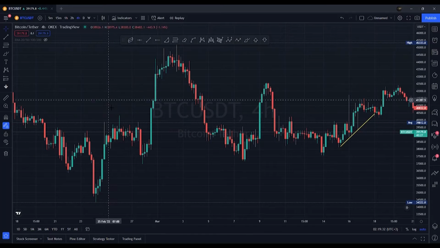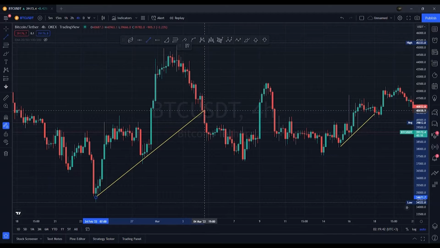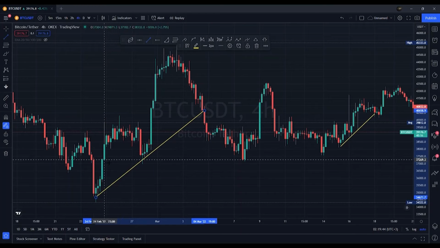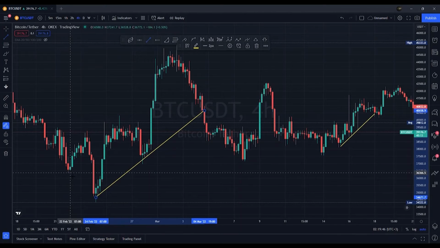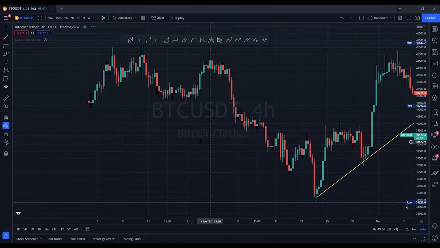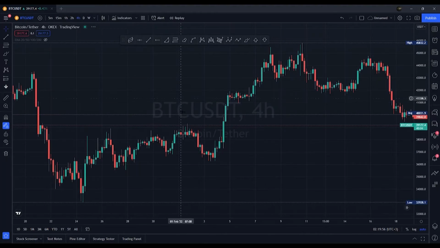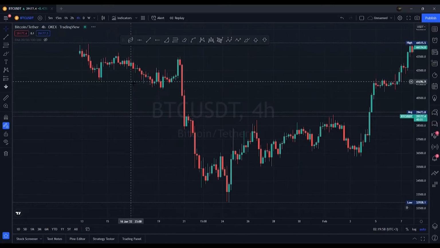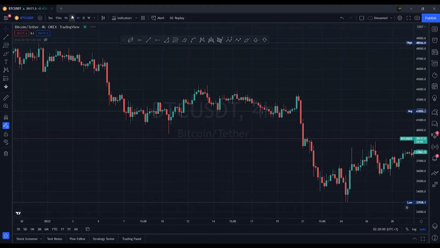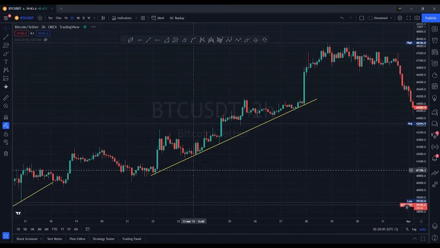And if you look closer, you can see another uptrend like this one, or this one. No, this one is not, there aren't 3 contacts of swing lows. Let's use the 2-hour time frame.